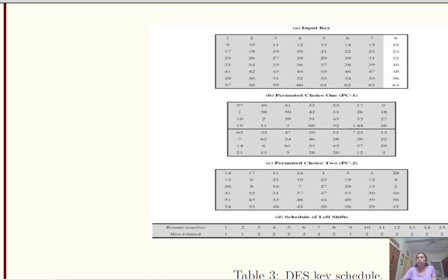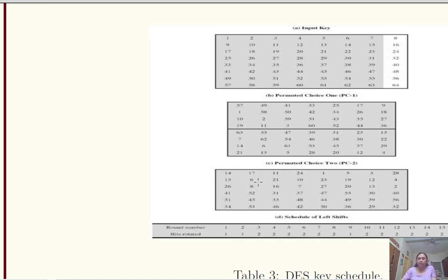Here in PC1, the input key is 56 bits, but this second permutation discards some specific positions, some specific bits.